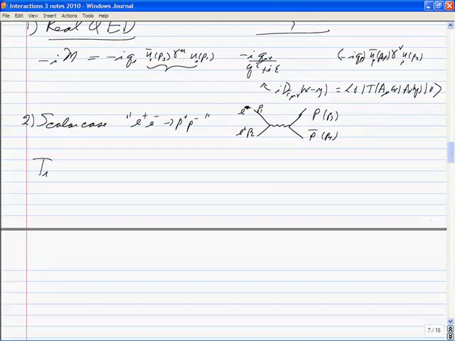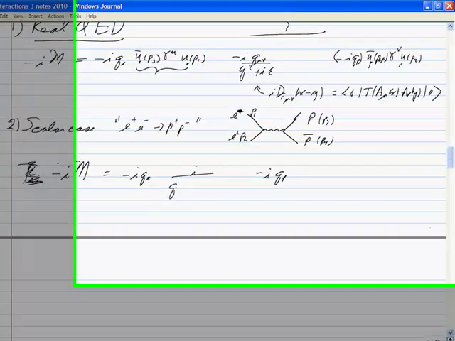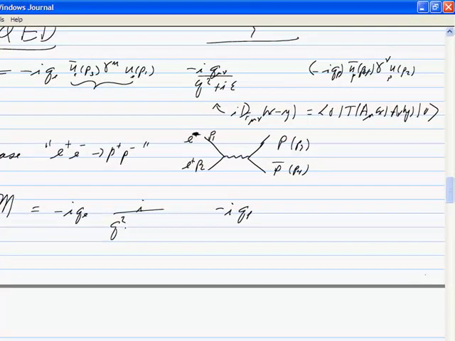So T_FI. Well, actually, let's skip that. Let's just write minus iM. In this case, it's minus iQ_e, minus iQ_p, i over q squared minus M squared plus i epsilon.